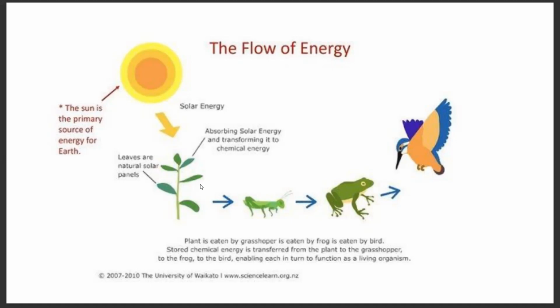Then herbivores, the organisms that depend on plant materials, are the second trophic level. Then primary carnivores represent the third trophic level, and top carnivores represent the other levels.